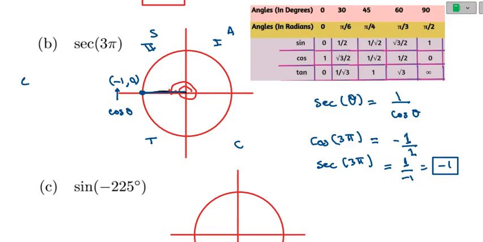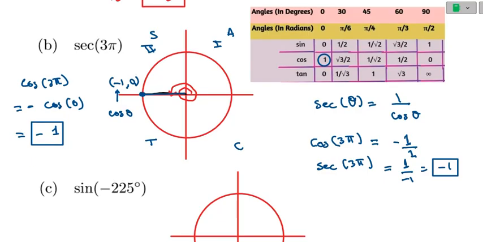So cosine of 3 pi is going to equal minus cosine of 0, and cosine of 0 is 1, so this is minus 1. This is the second way to do it. I forgot to flip it here: the secant of 3 pi is equal to 1 over cosine of 3 pi, which is 1 over minus 1, which is minus 1. So that's the answer you are looking for.